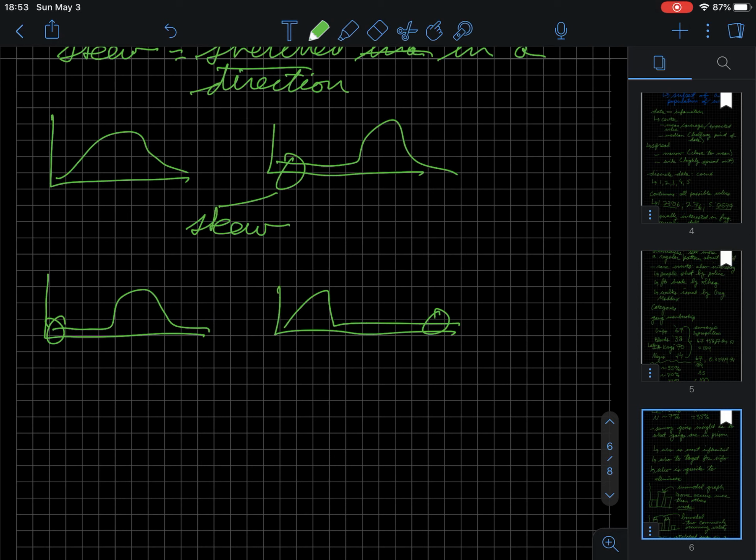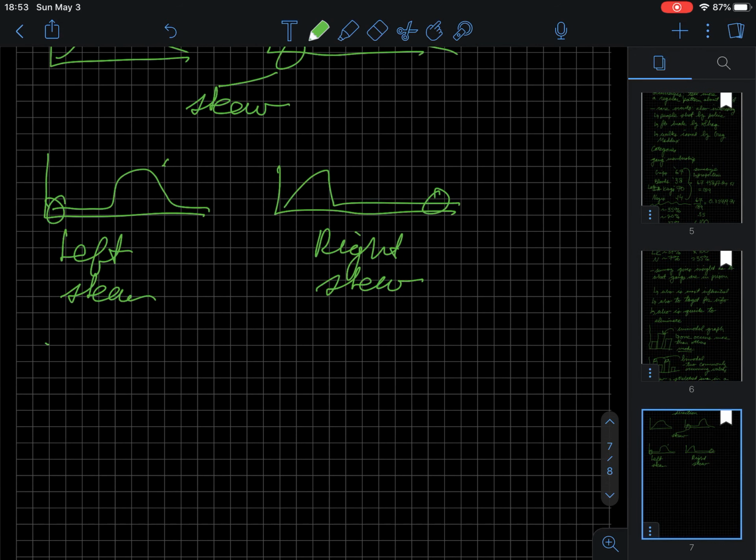Now you might think, looking at this first graph, right here, that this is skewed to the right, but this is actually skewed to the left, right? So this is the left skew, and this is right skew, because we're interested in the tails.